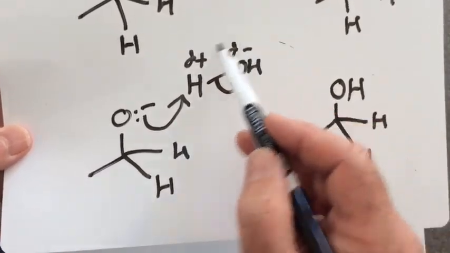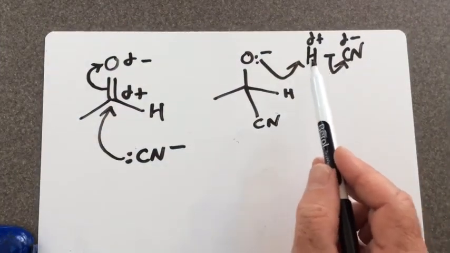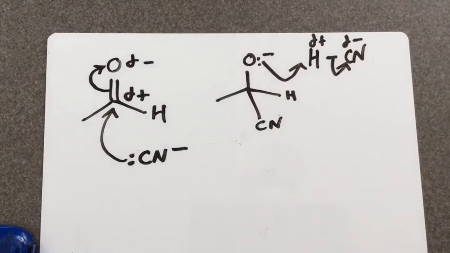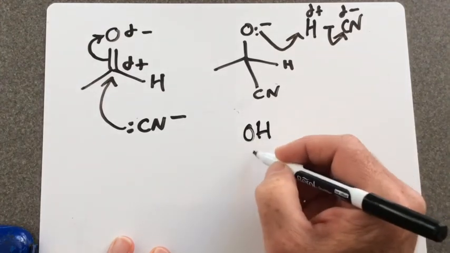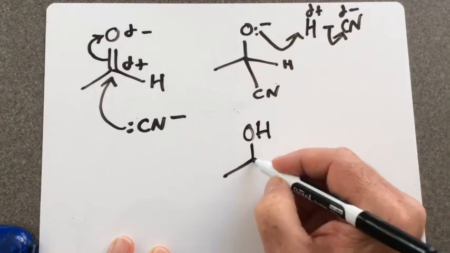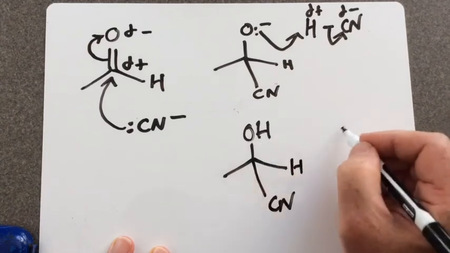The last part of the mechanism, look, has a similarity to this one. It's just that obviously we're using a different substance. Now what that results in, clearly again, is this. Formation of an alcohol group.